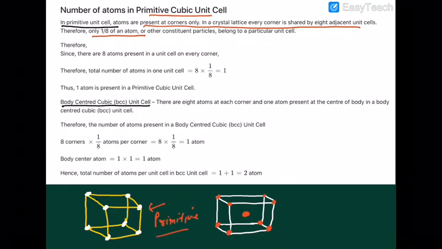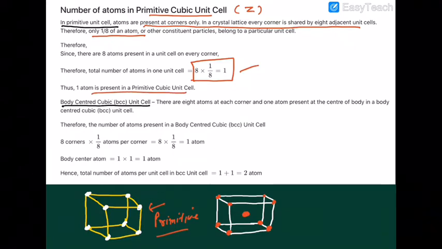You can see there are 8 corners, and the 8 corners are occupied by 8 atoms. So 8 into 1 by 8, the total number of atoms, also called the rank of the unit cell, Z, is 1.